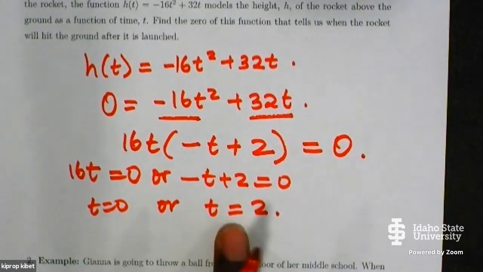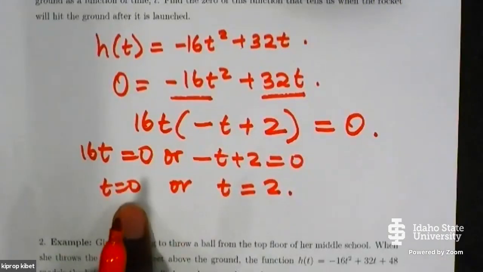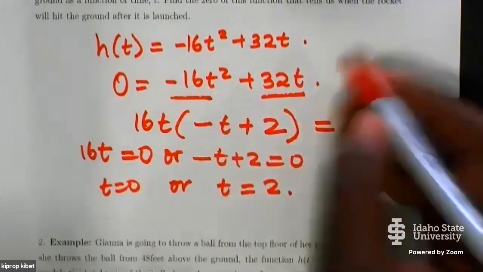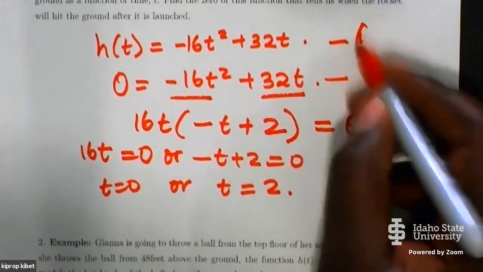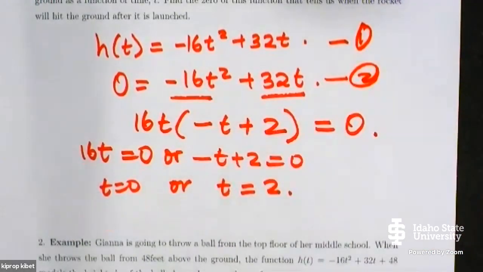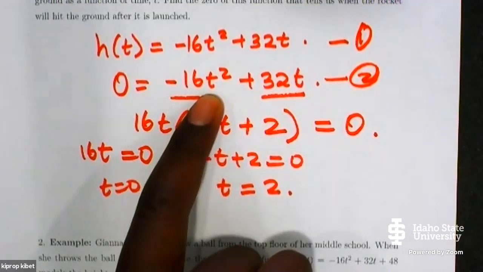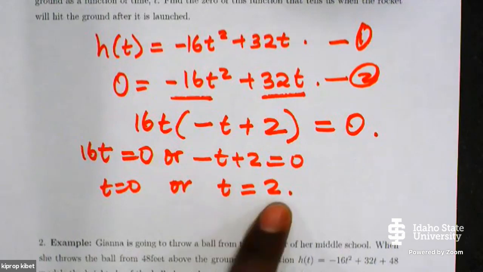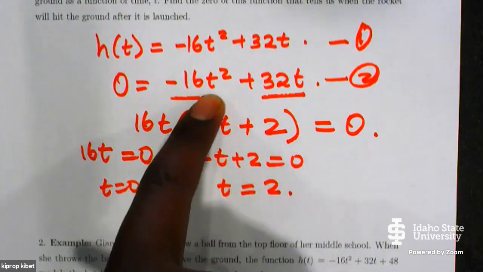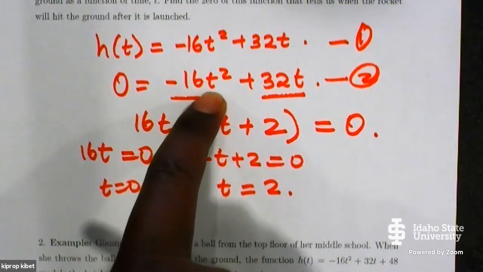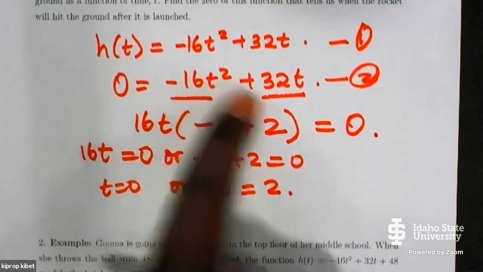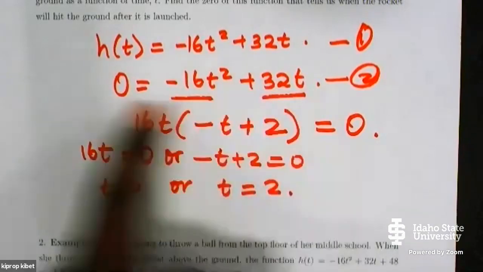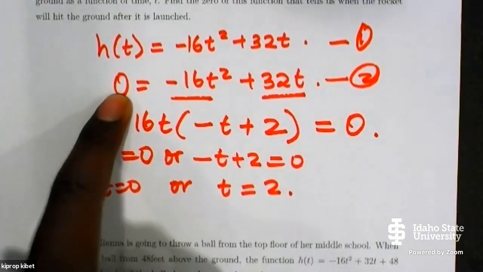Now, when you check the answer here, if you put t equals 0 in the equation, it will give you 0. If you put t equals 2, it will be minus 16 times 4, and then 32 times 2. When you add, it will give you 0.